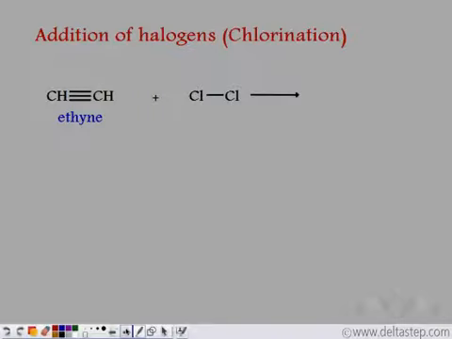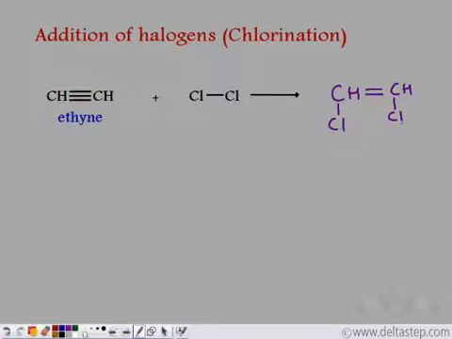So when we have ethyne, first one chlorine atom gets attached to one carbon atom. The triple bond gets converted into a double bond. When each chlorine atom is attached to the two carbon atoms, the triple bond breaks into a double bond.